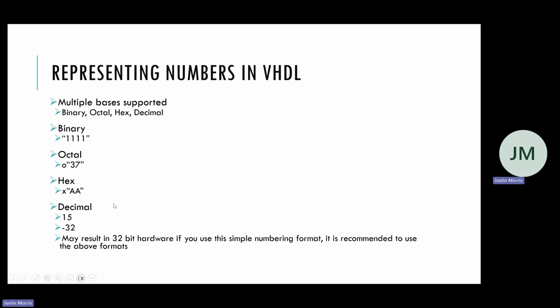Right? And then you can just use decimal numbers like this if you wanted to create 15 or say negative 32. The only thing about decimal numbers is that it will create a 32-bit representation of this number. And if you are trying to assign it to, say, an 8-bit signal, it will only assign the last 8 bits.